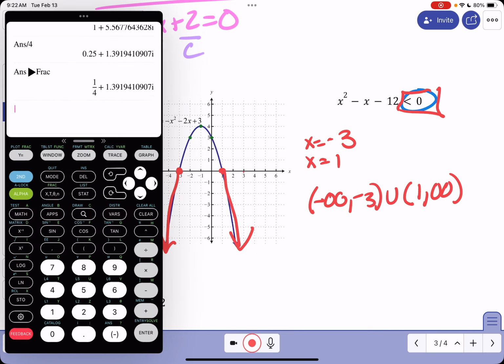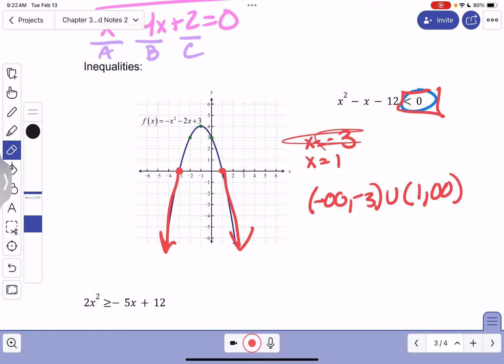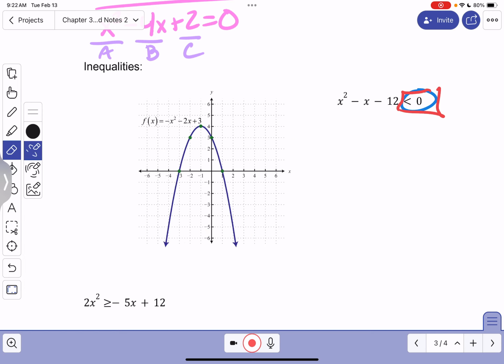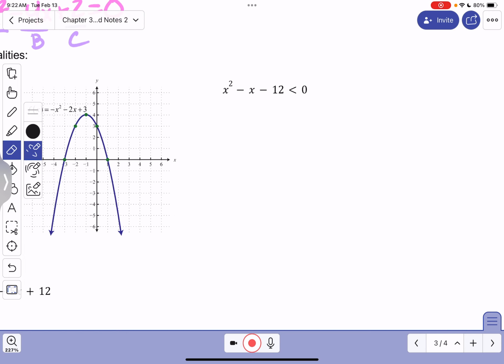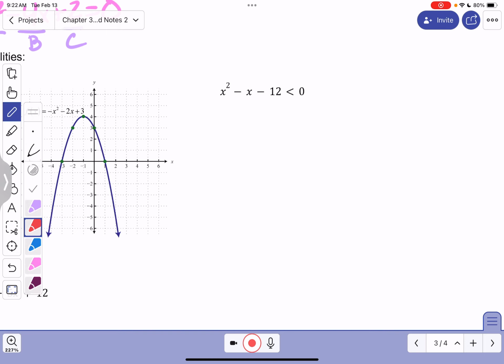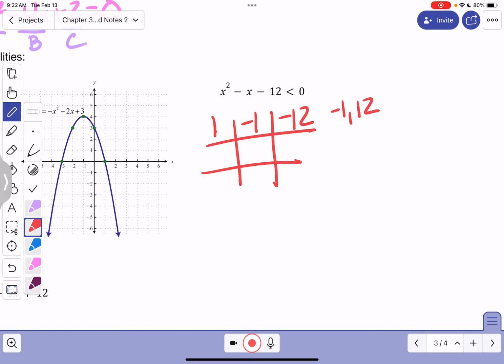If you don't have the graph, then we need to do our factoring or our quadratic formula. So if you choose to factor, we'd get a times c. Then we have to find all our factors of -12.